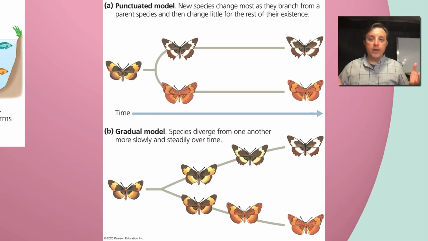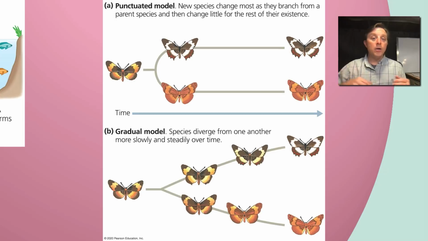And the final thing that I want to talk about here is a couple of ideas about the rate of evolution, two different schools of thought about how evolution has worked long term. They are the punctuated model and the gradual model. These are two ways of thinking about how evolution has happened.